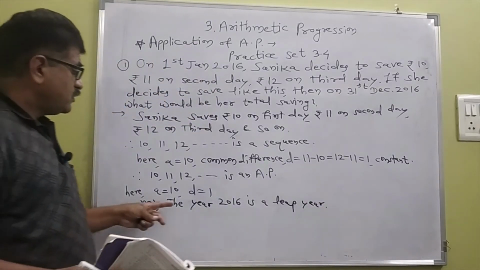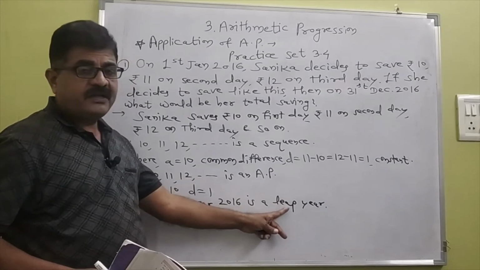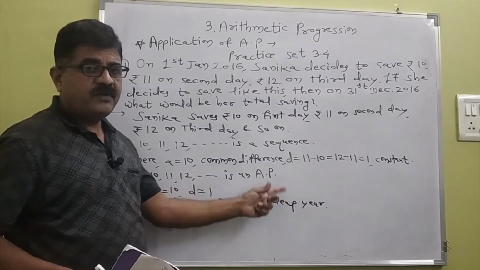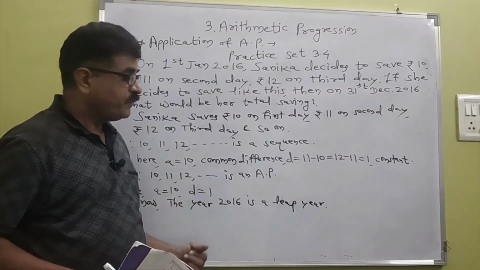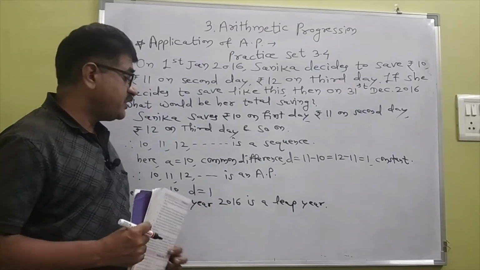Now 2016 is a leap year, and we know that a leap year contains how many days? 366 days.